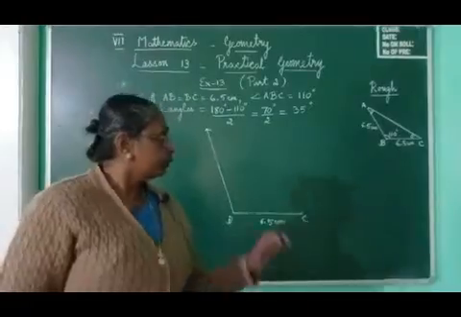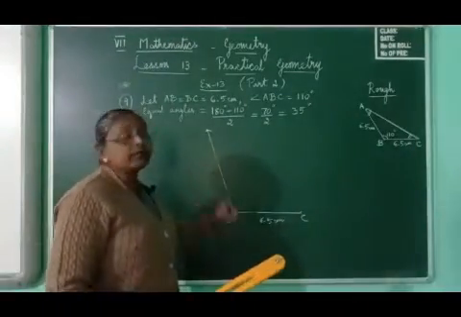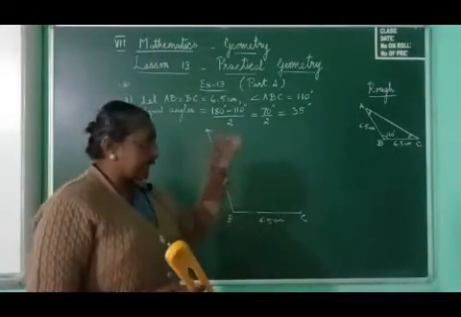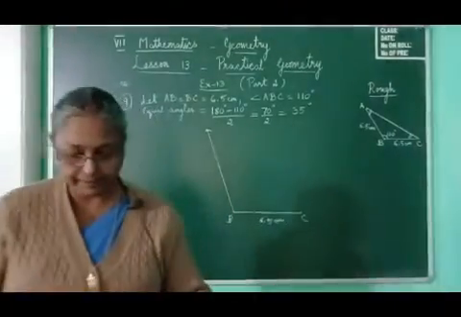Now we have to know where point A will come. We have taken AB to be 6.5 centimeters.